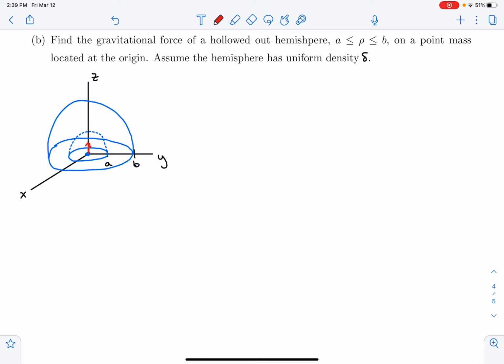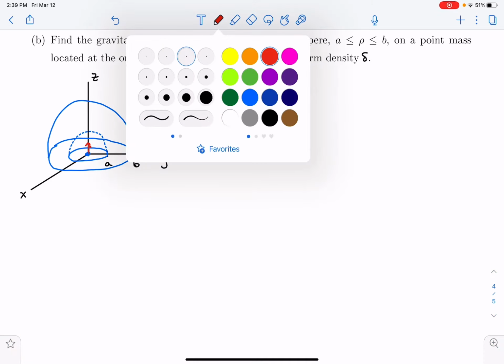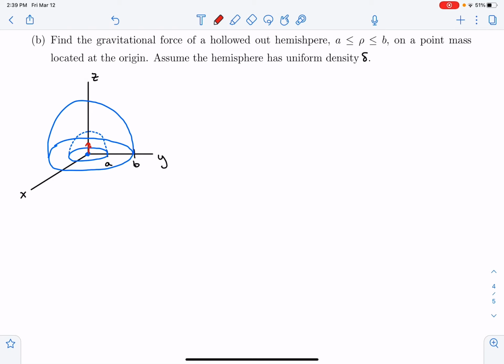And the reason why is that the gravitational forces in the x and y direction are going to cancel each other out. It can't be pulled to the left or the right, because the amount of force that it feels to the left is going to equal that to the right. Same thing with forward and backward.